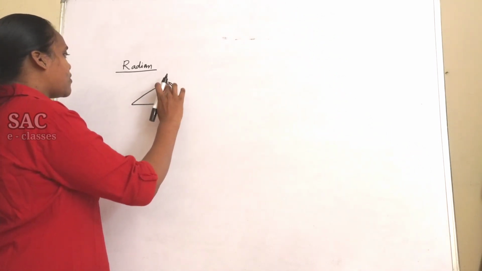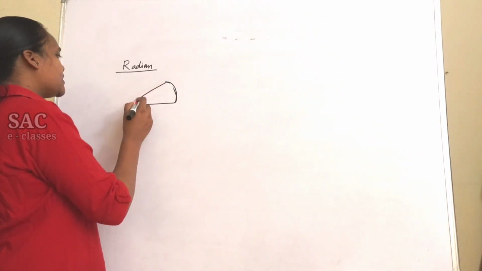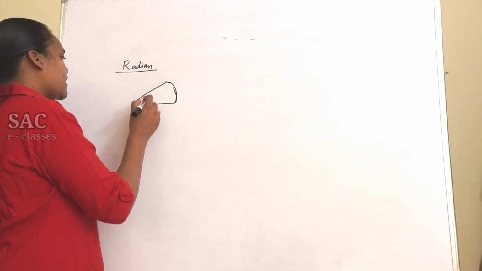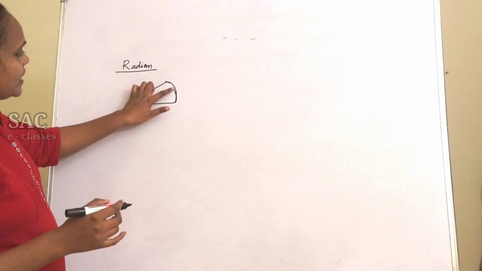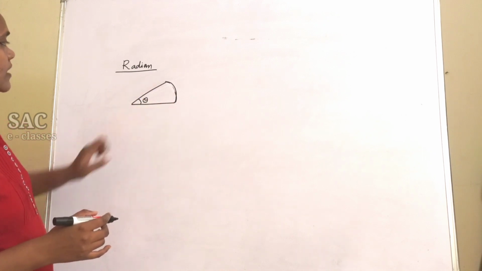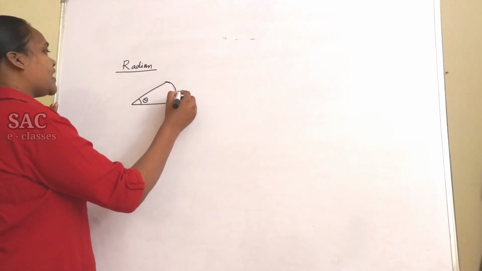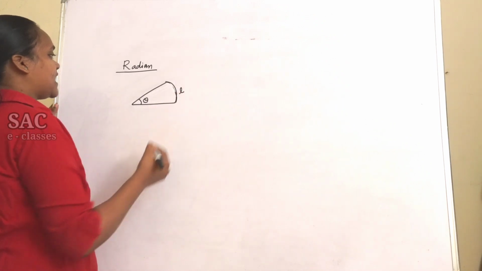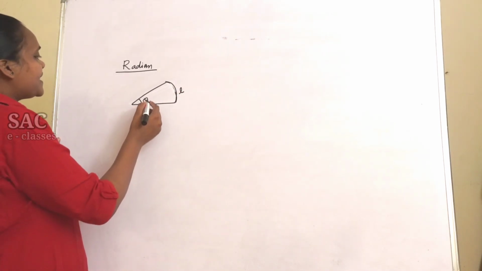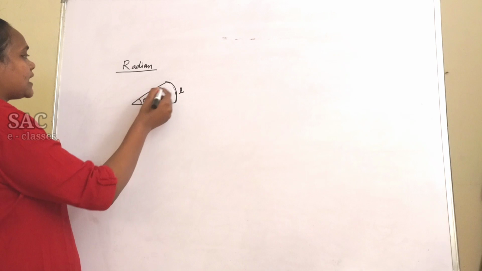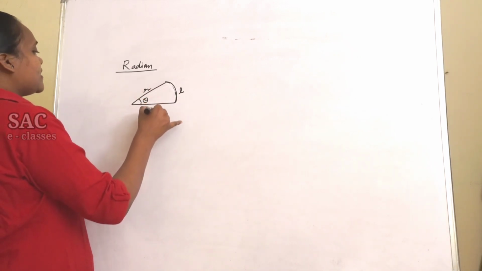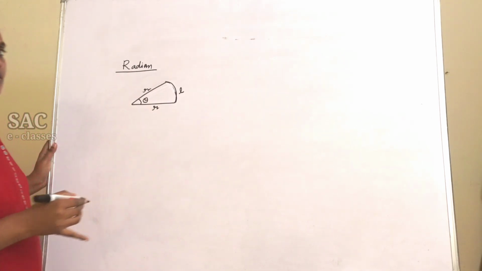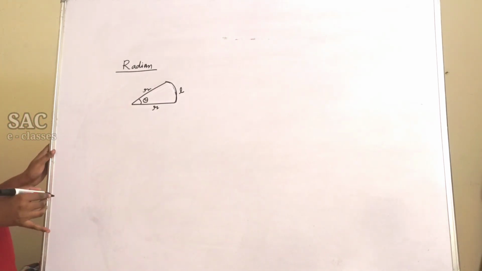This is the angle made by the sector whenever it is subtended by some arc. This is the length of the arc, denoted with the letter L, where theta is the angle made by the sector. These are the radii of the sector, denoted with R.